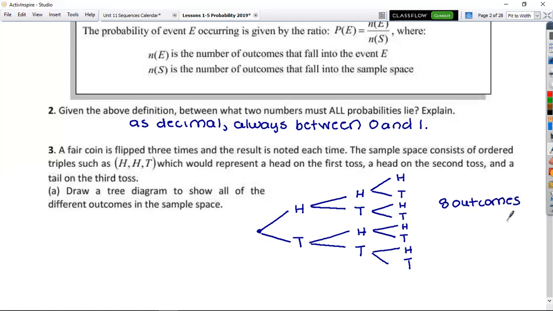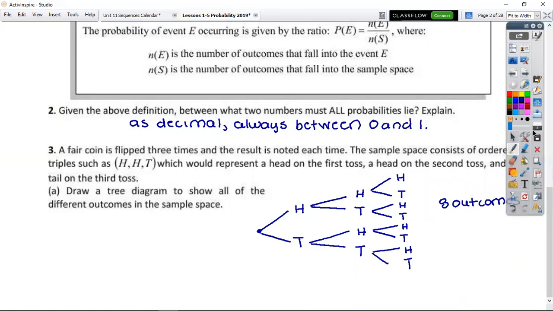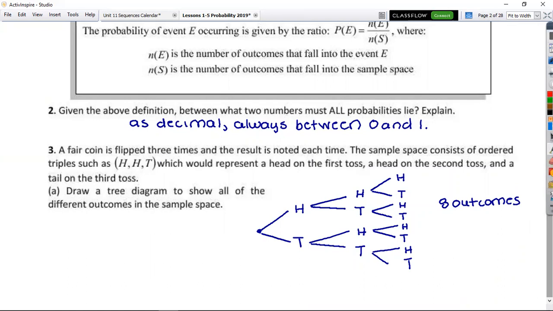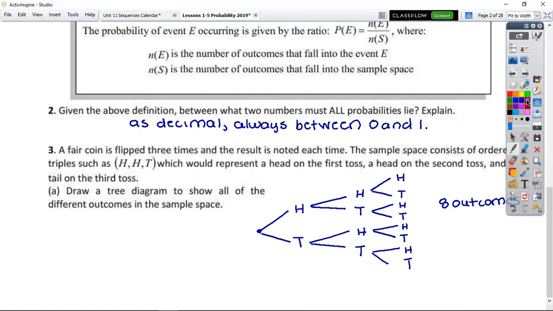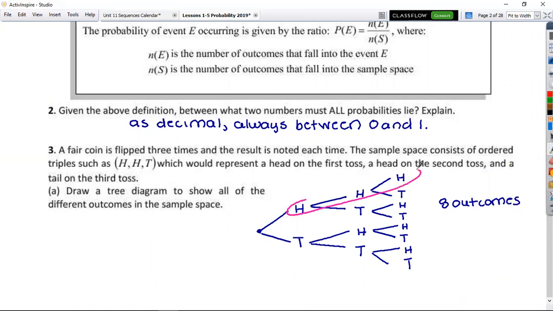Now I apologize because your questions are actually on the back. So I'll read you the questions so you don't have to go back and forth, and you can just look right at the tree diagram. The first question asks, what is the probability of getting all heads? So I'm going to look on my tree here. To get all heads, it looks like how many times? This is 1 time.